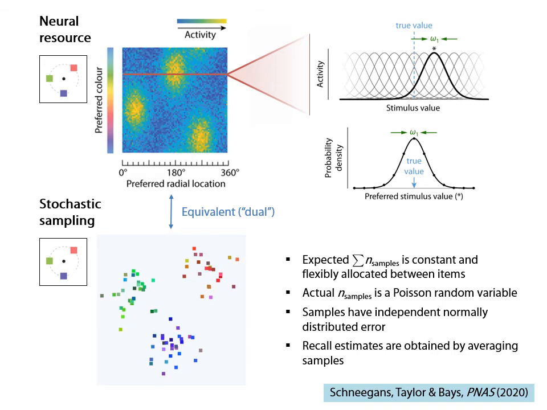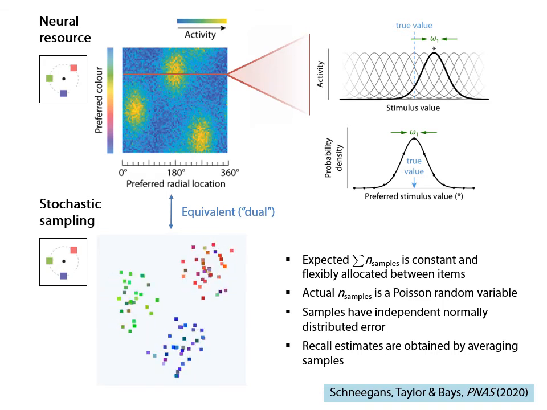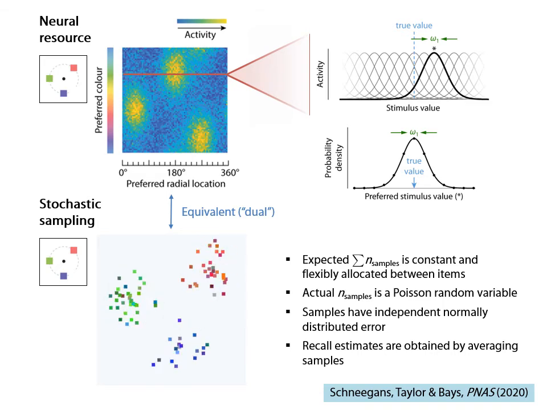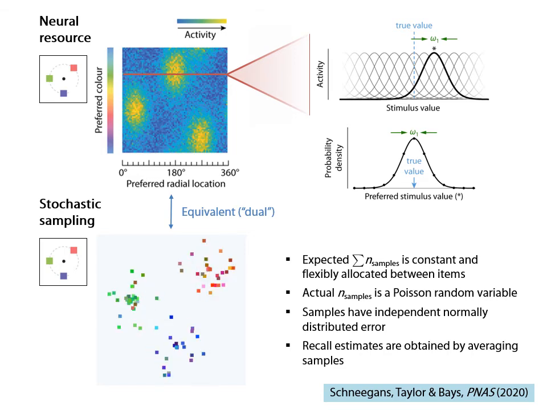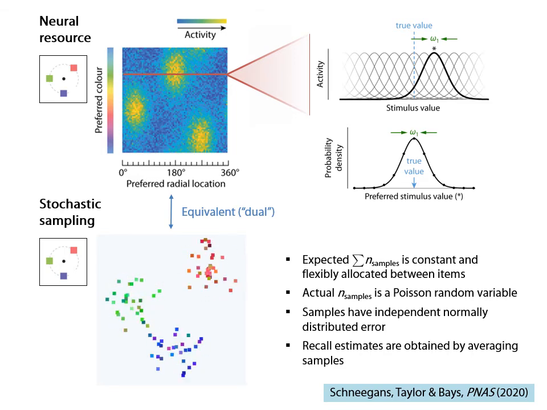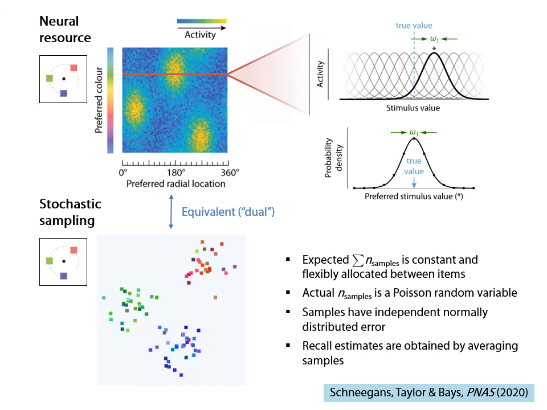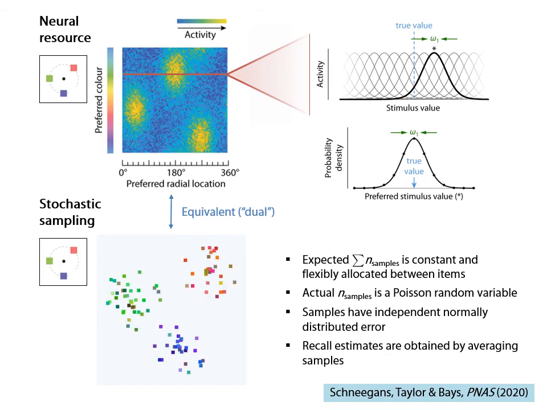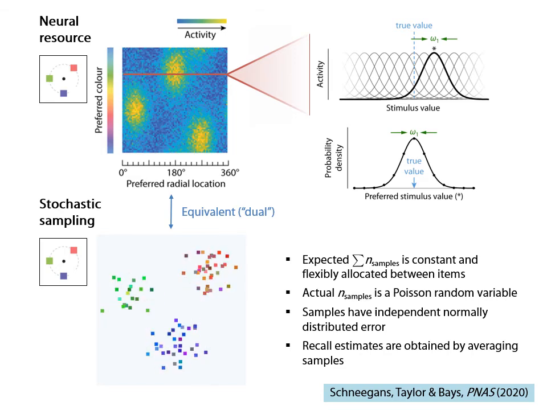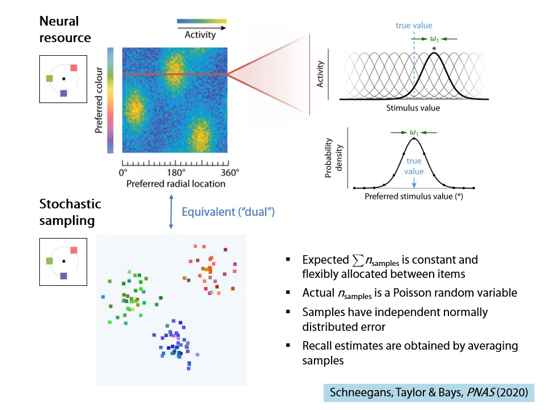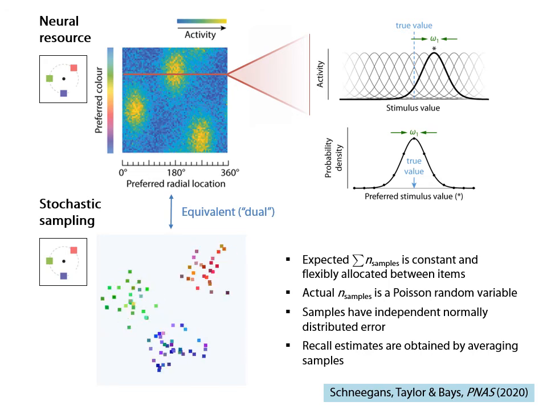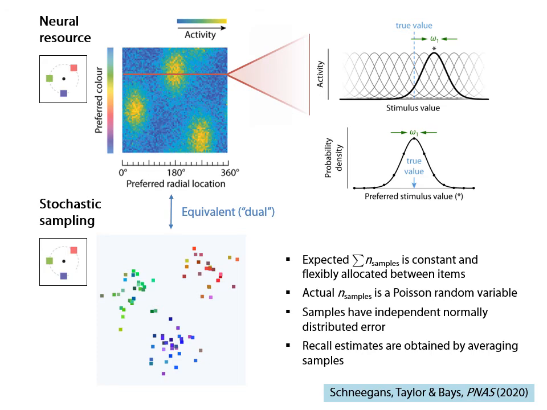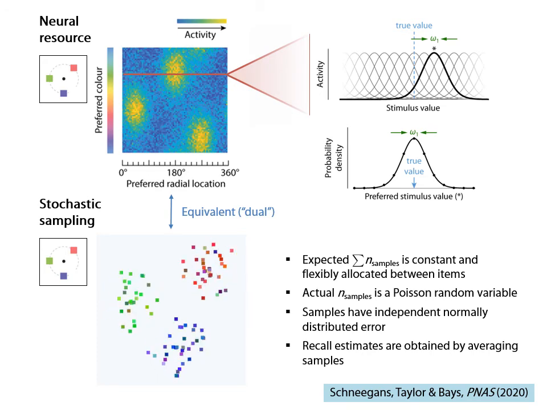Second, that the actual number of samples available at decoding is a Poisson random variable that varies from trial to trial, as illustrated by the frames of this animation. The samples themselves are independently normally distributed about the true feature values, and recall estimates are obtained simply by averaging samples. Crucially, although this description makes no reference to neurons or tuning functions, the models are exactly mathematically equivalent, or dual.